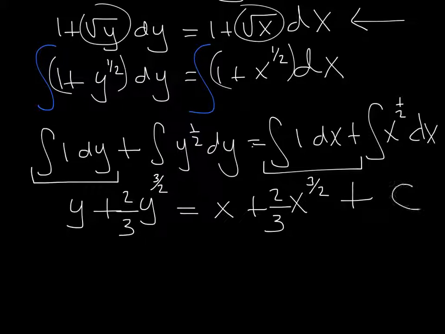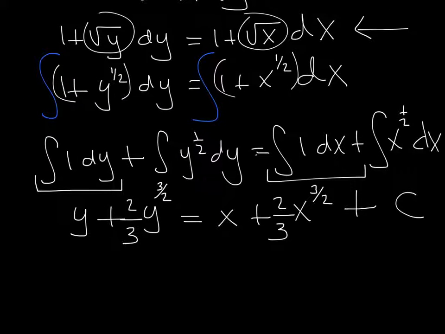And then I'm going to add my constant of integration. If you wanted to, you could add C1, C2, C3, and C4, and this would be the sum of C1 through C4. But I'm just going to write C. Hopefully by now you get the idea. It's just some arbitrary constant.